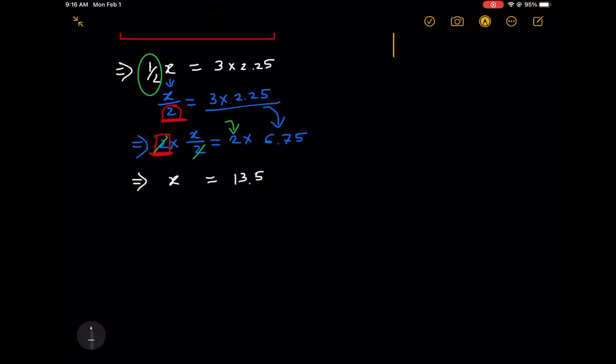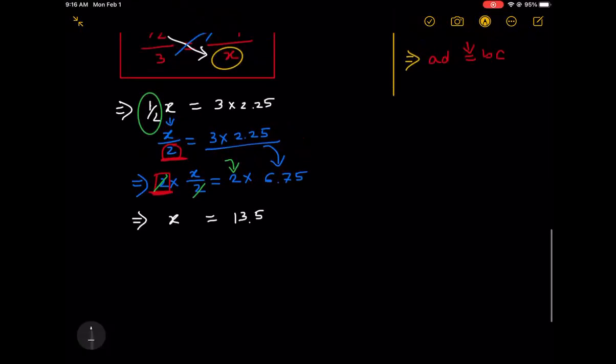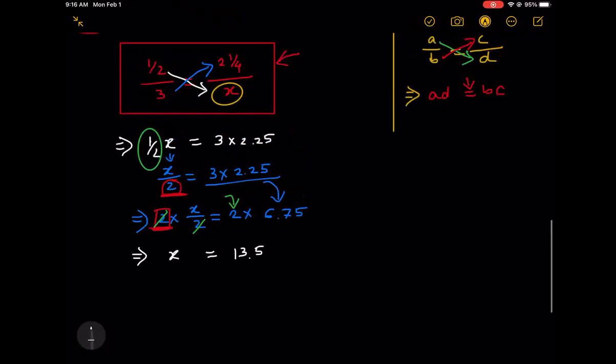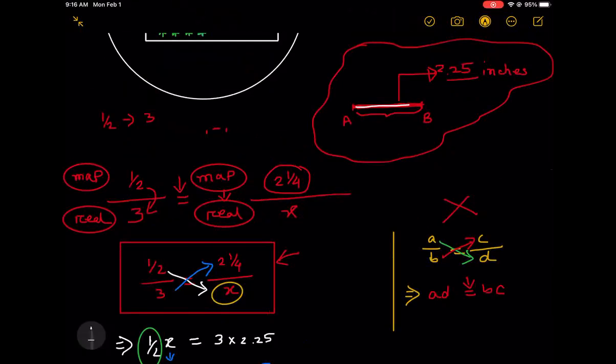Right, 6 times 2 is 12, and 0.75 times 2 is 1.5. Yeah, it should be 13.5. So that means our final result, the actual distance between these two cities, is 13.5 miles. That's our result.